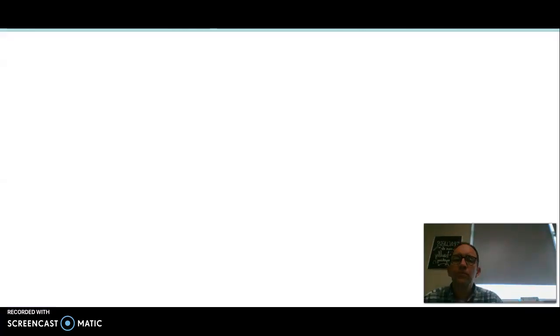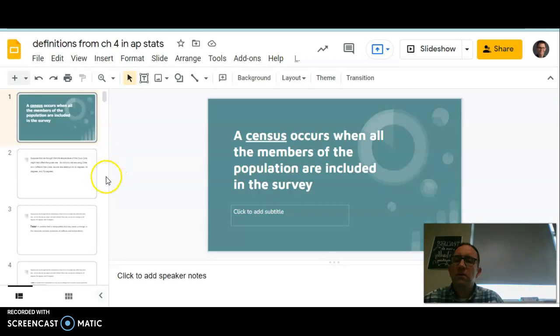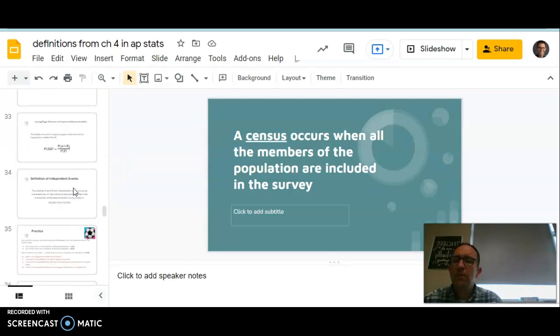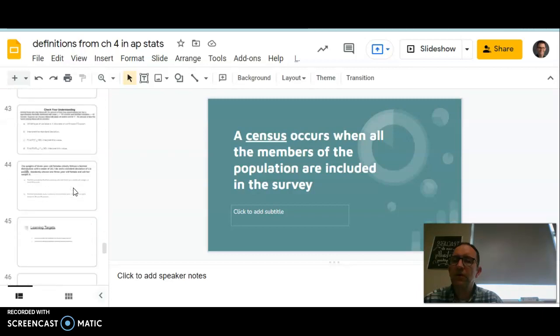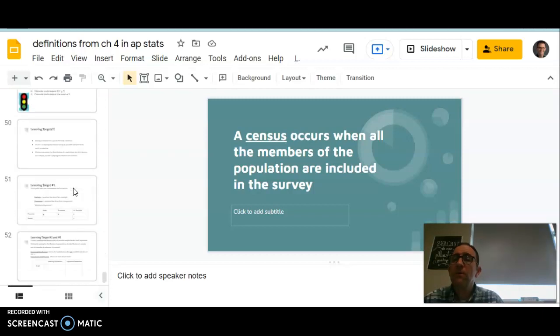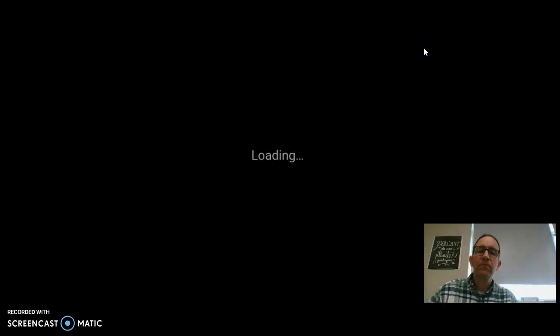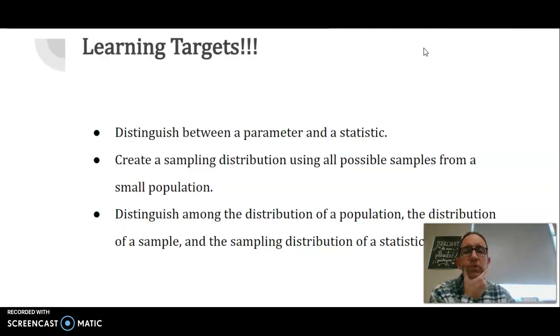So, in the box on the top of our next page in our notes packet, we could summarize. We had 3 learning targets to distinguish between what is called a parameter and a statistic. We created a sampling distribution using all the possible samples from a very small population, in this case a population of 4 things.